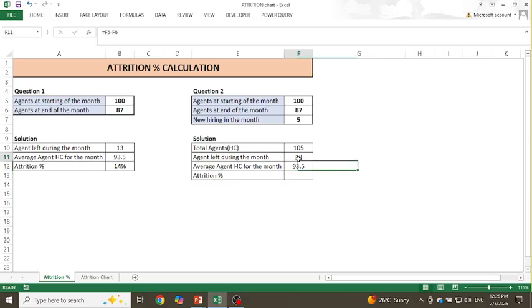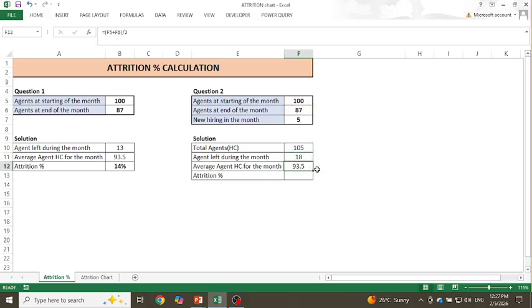No, no, no. So agents left during the month. In this scenario there is a twist. In the earlier scenario I took 100, but we are not going to use 100 over here. We are going to use 105 because there were 5 new hires in the month, right? So 105 minus 87.